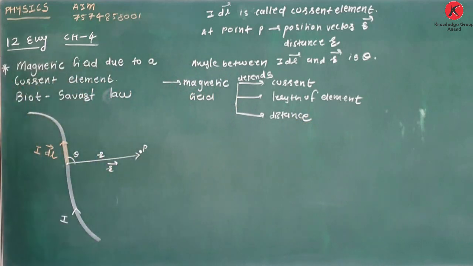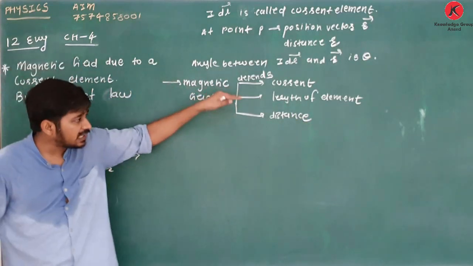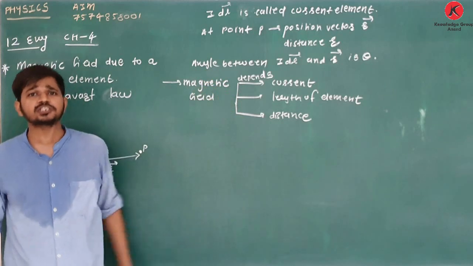Now how do they depend? The magnetic field depends on current, length of element and distance. But what is the relation between them?